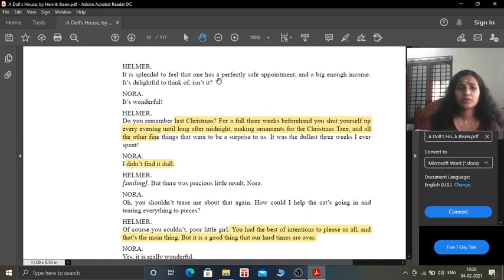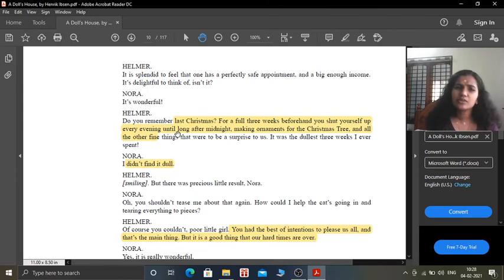So they are talking about the Christmas evening preparation, and Helmer asked Nora, "Do you remember last Christmas?" They are recollecting their past memories, and he said that it was a dull Christmas, and you were preparing so long, even after midnight, making ornaments for the Christmas tree.